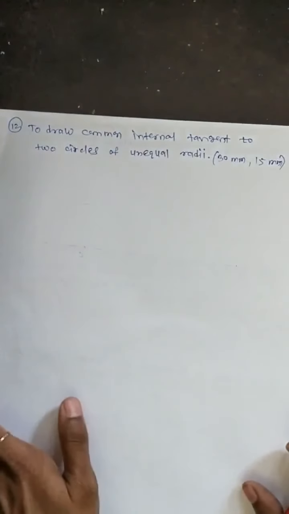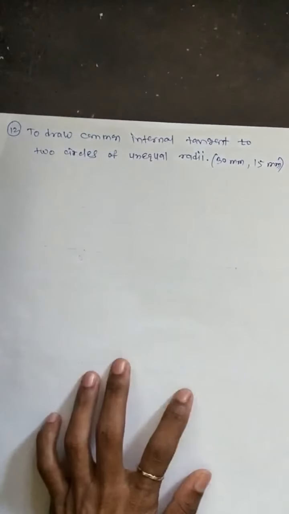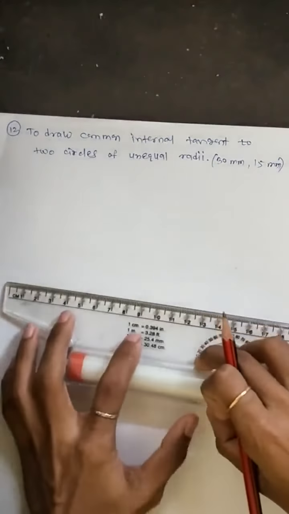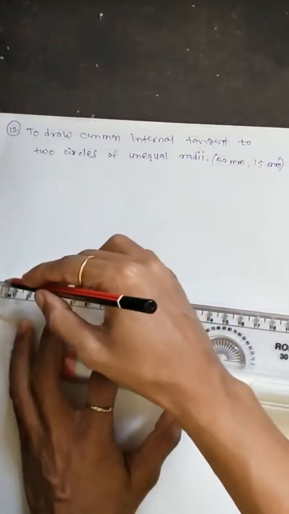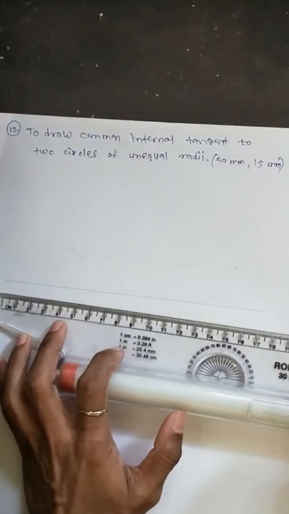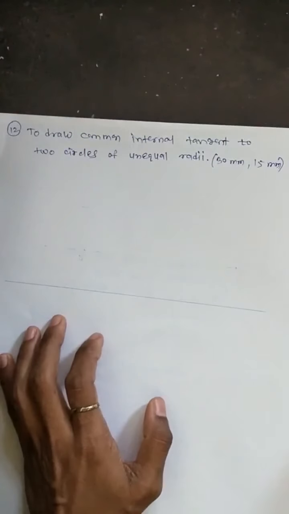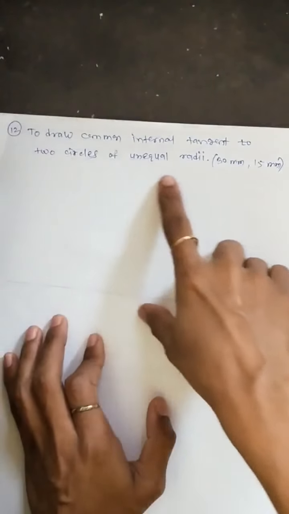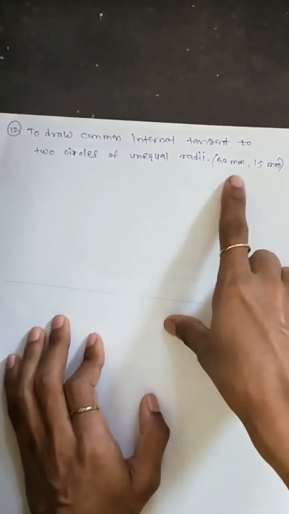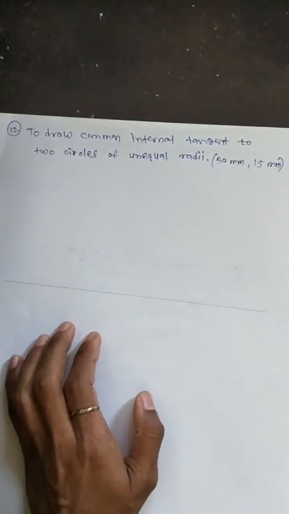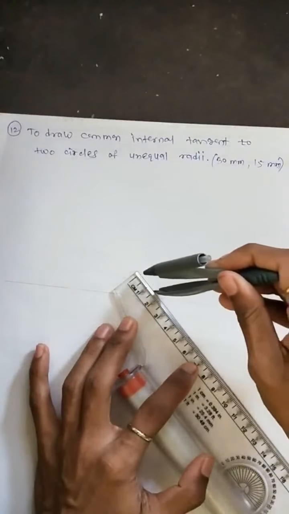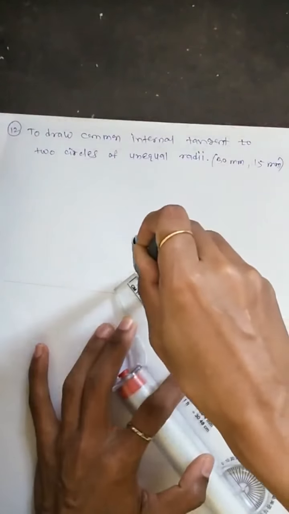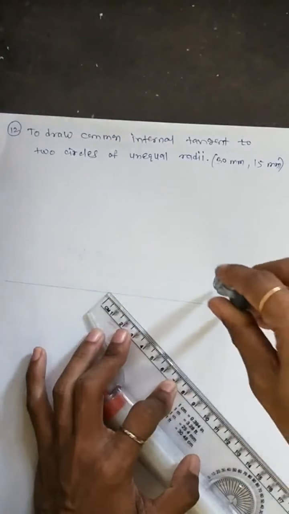So first draw a horizontal line and consider two circles with radii of 30 mm and 15 mm. So take a 15 mm distance and draw a circle.